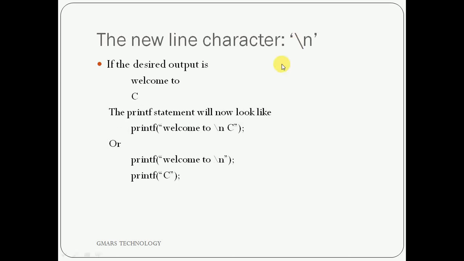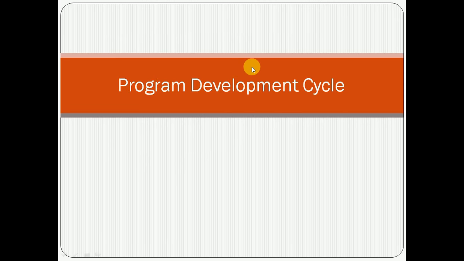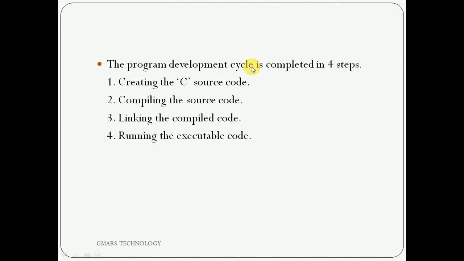So we have seen that the new line character can be achieved by giving \n. The program development cycle is completed in 4 steps: creating the C source code, compiling the source code, linking the compiled code, and running the executable code.